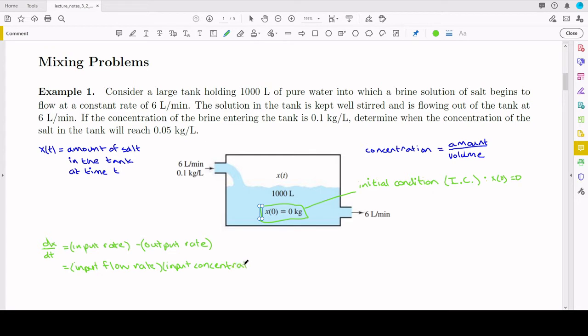So what's the concentration of the salt coming into the tank? And then we subtract from that the output flow rate times the output concentration.